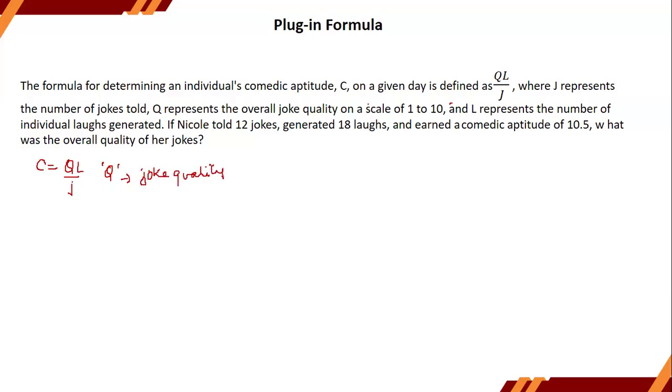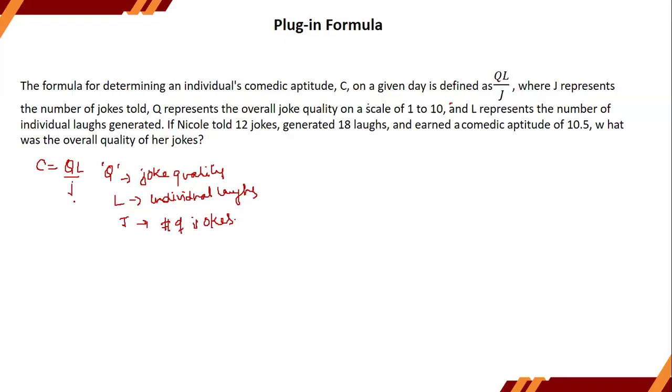And what is L here? L is the number of individual laughs. And J represents the number of jokes, so number of jokes.